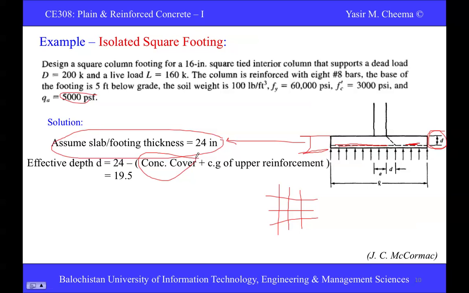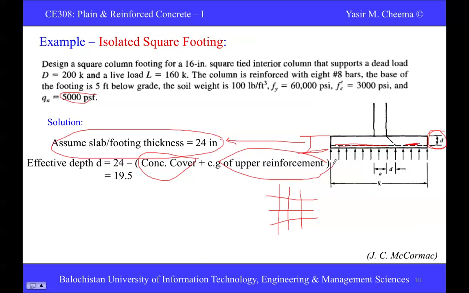And one more thing, if you remember in the previous lecture, when I was telling you about the concrete cover thickness, there was one case when concrete is exposed to earth permanently. This is the footing case when concrete is permanently exposed to the earth. So here the concrete cover would be about 3 inch, and then the center of gravity of the upper reinforcement.